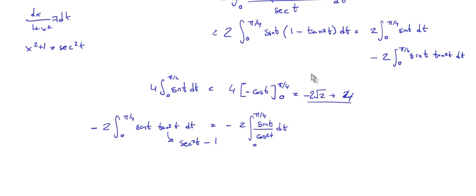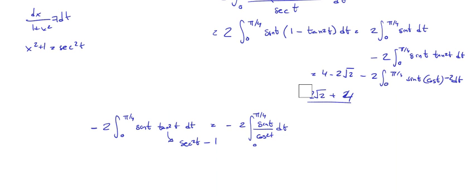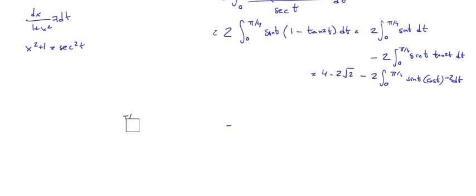So let me write this. This is 4 minus 2 the square root of 2 minus 2 the integral between 0 and pi over 4 of the sine of t cosine of t to the minus 2. Okay, that's what we have. So now we have 4 minus 2 the square root of 2 minus 2, and then what's this?